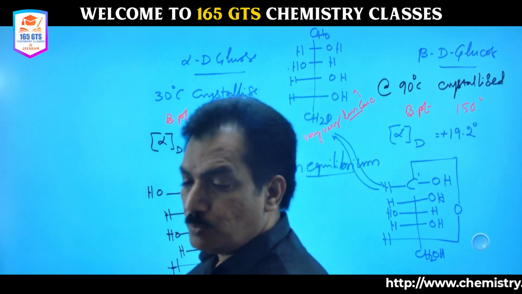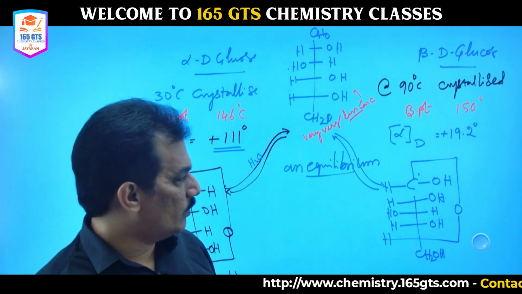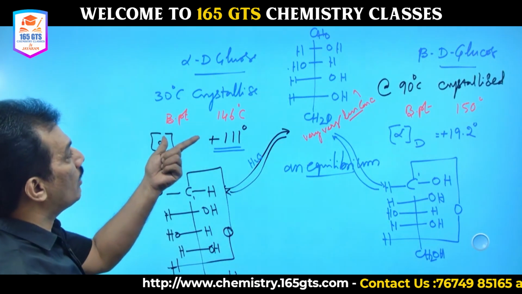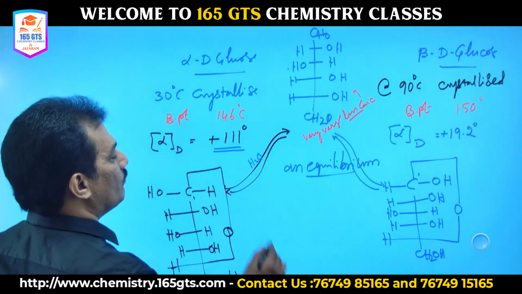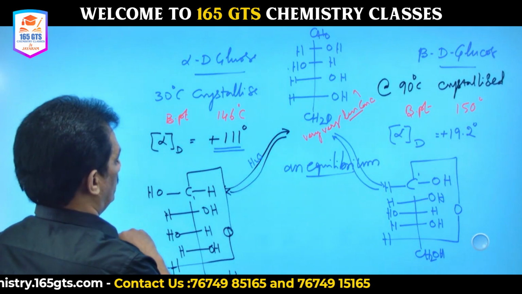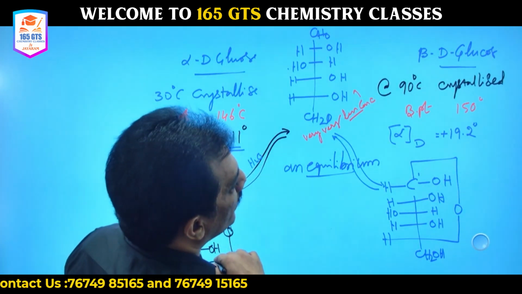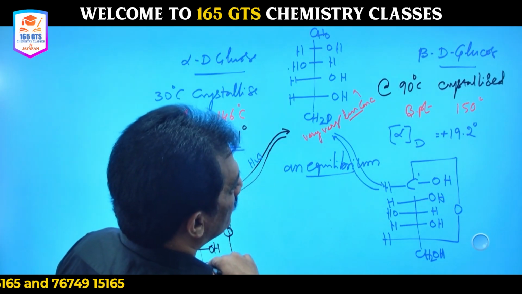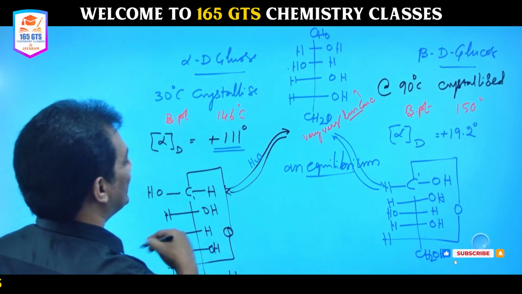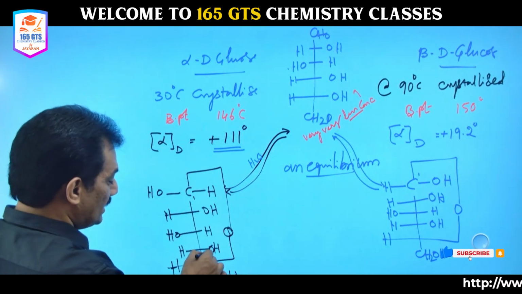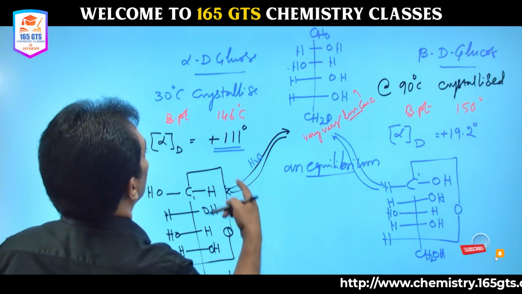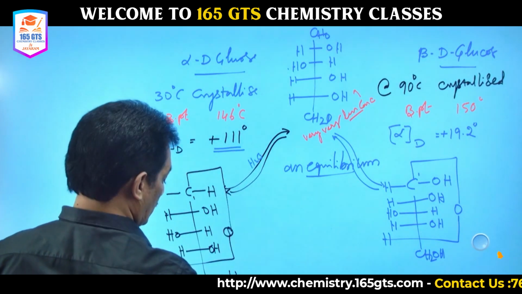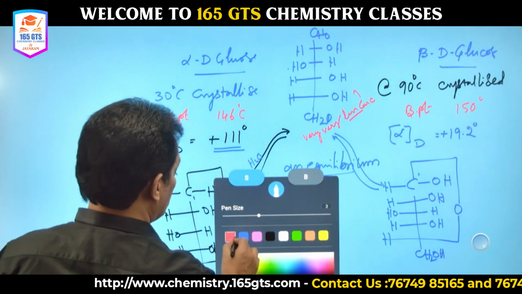And now, why is there mutarotation? Let me explain. When it is the alpha form, which has 111 degrees of, no, sorry, the data is given reversed. This is alpha D glucose, which is attacked, and here I am changing the structure.